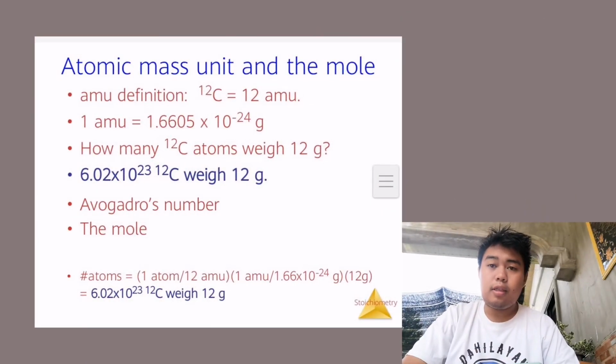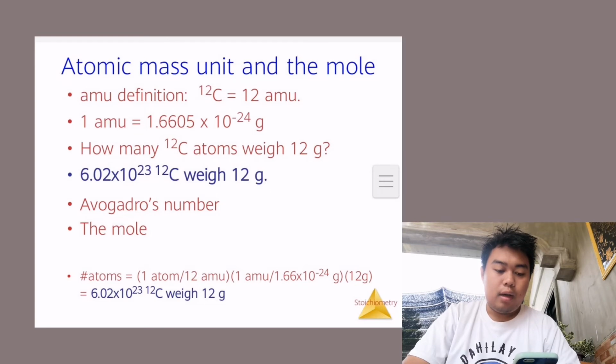Atomic mass unit and the mole. First, AMU definition: carbon-12 equals 12 AMU. Second, 1 AMU equals 1.6605 times 10 to the minus 24 grams. How many carbon-12 atoms weigh 12 grams? 6.02 times 10 to the 23 carbon atoms weigh 12 grams.